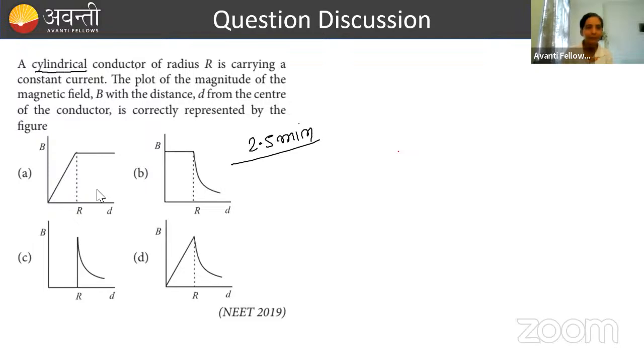A cylindrical conductor of radius R is carrying constant current. Okay. You have to plot the magnetic field as a function of distance d from the center of the wire, right? So tell me quickly.